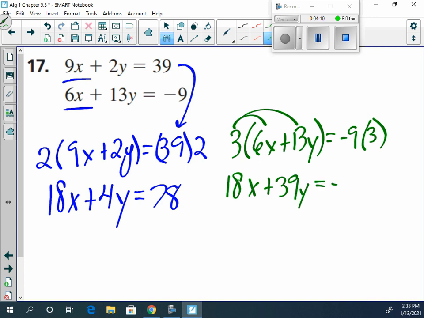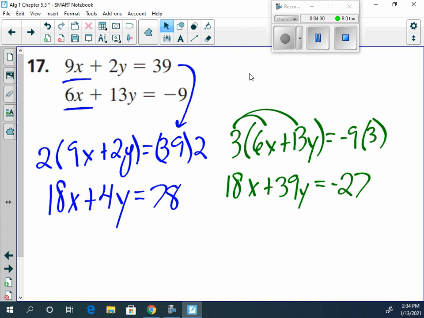And negative 9 times 3 is going to be negative 27. So when I multiply the top equation by 2 and the bottom equation by 3, what number do I have in front of x? 18. So we were able to make them be the same.